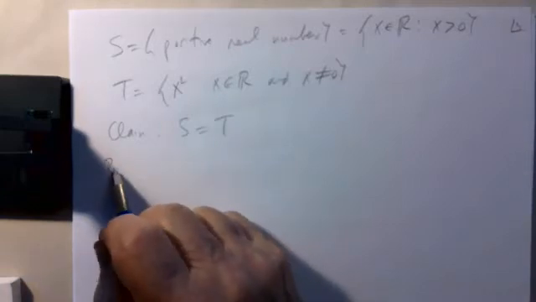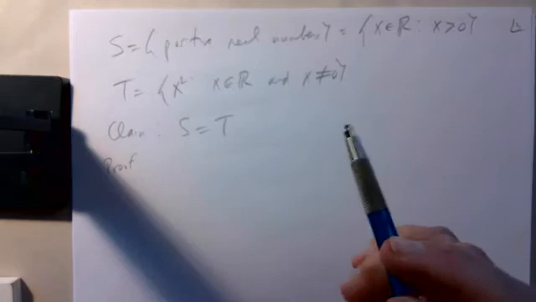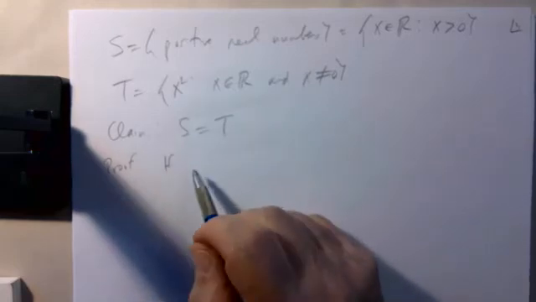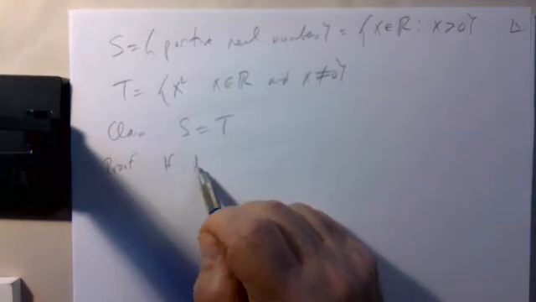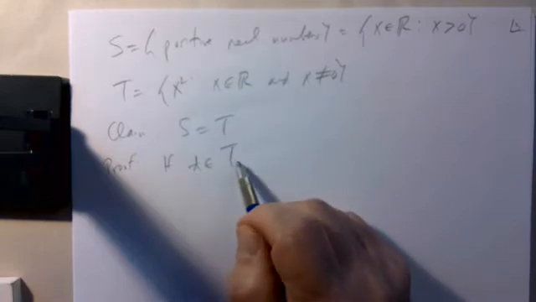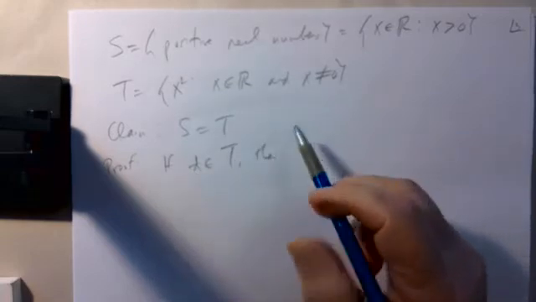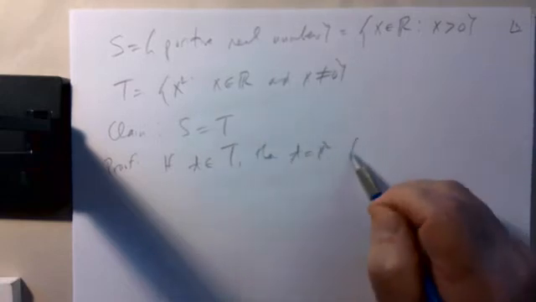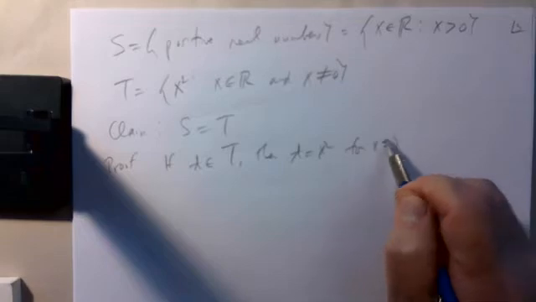So a claim needs a proof. So if, for example, t is an element of the set T, what does that mean? That means that t is X squared for X different from 0.